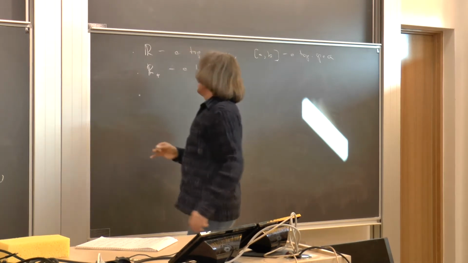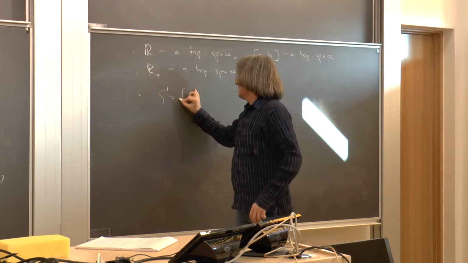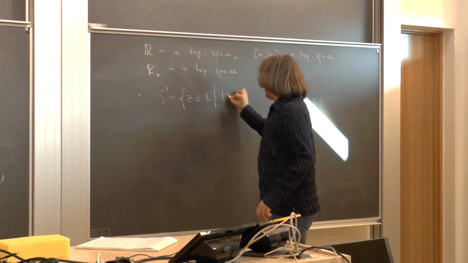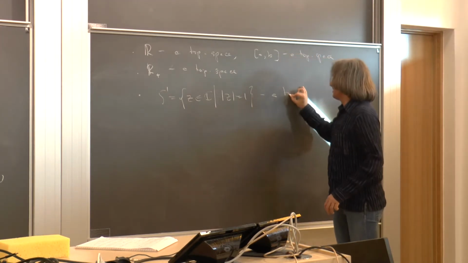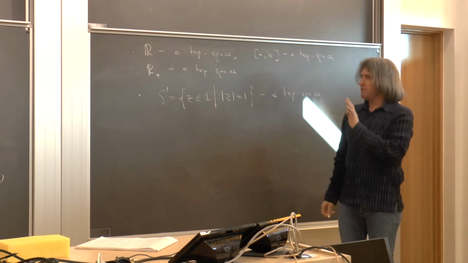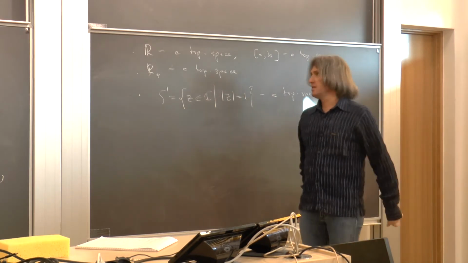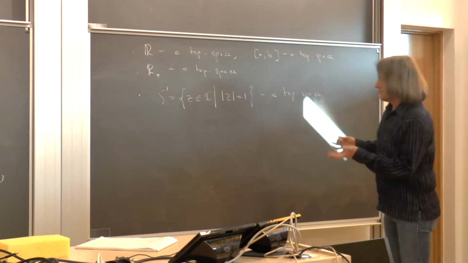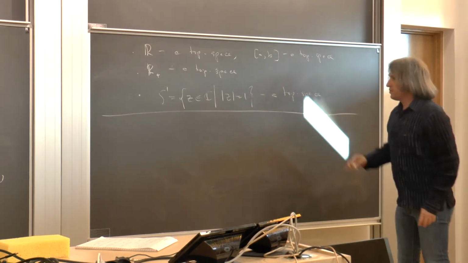And finally, the unit circle S^1, so this is, let's say, complex numbers with absolute value of z equals 1, is a topological space. So I think that what you have on the board is more or less the whole class of topological spaces we've been using in this course, but I just wanted to have them on the board.